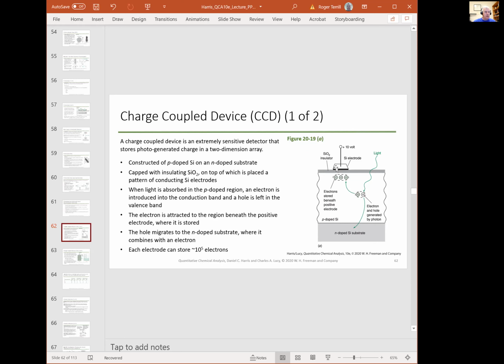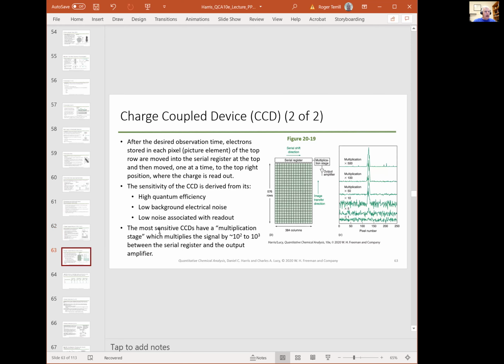So this turns out to be one of the most sensitive ways to detect light, and it creates an interesting way to look at the signal to noise qualities of light, right?